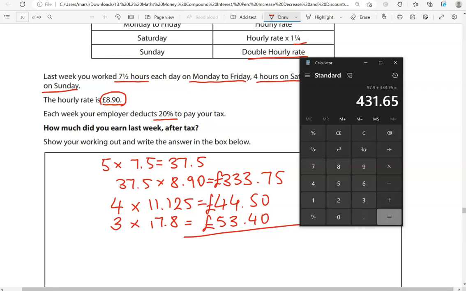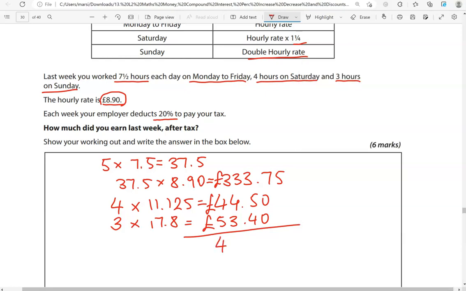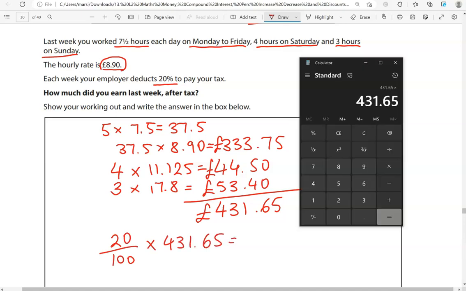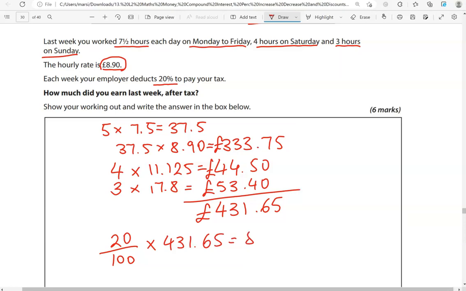If we add all of these together, it gives us £431.65. That is before tax. So 20% of 431.65 gives us 86.33.